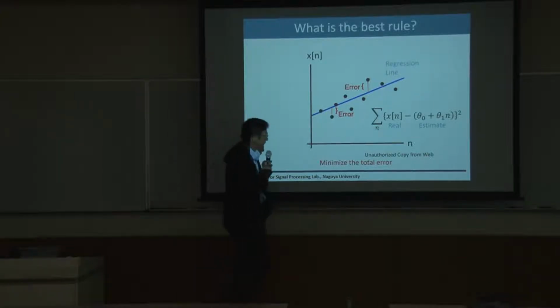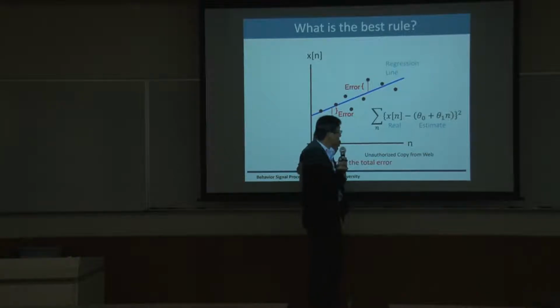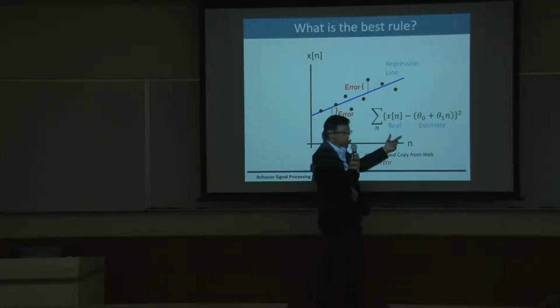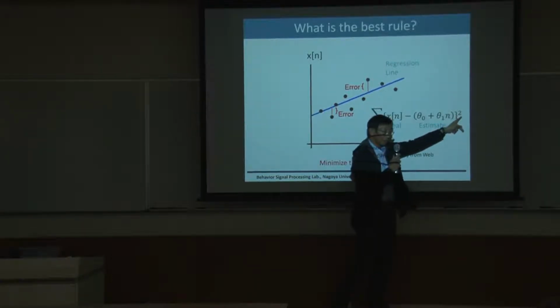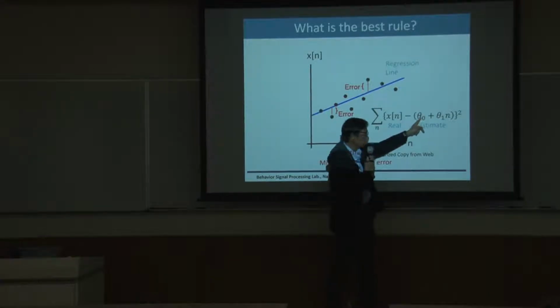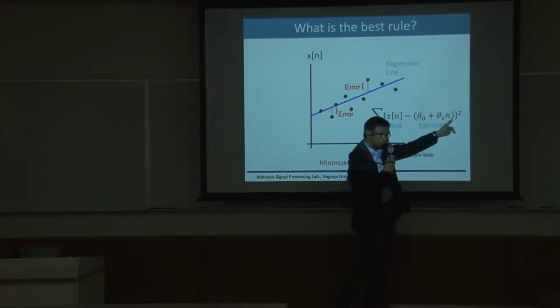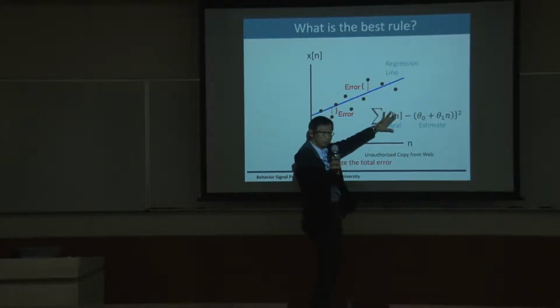And if you are familiar with basic math, then you can also see that this is simply a quadratic equation, whatever the number of parameters is, because there is a square here, and if you expand this equation, you get an x square term, a theta 0 square term, and a theta 1 square term. That is the highest order of the polynomial in this equation.